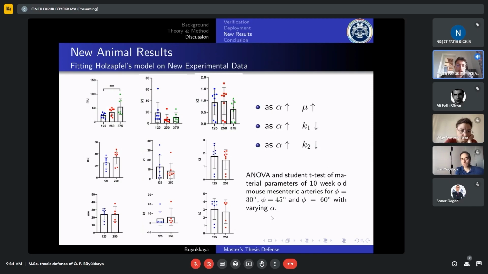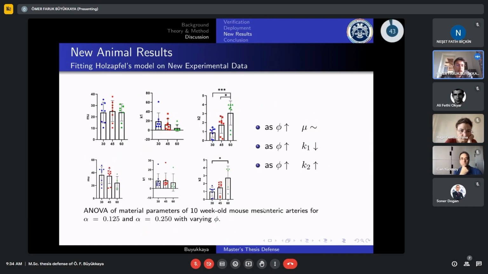It's seen that as alpha increases, meaning the amount of fibers increases within the material, both of the fiber parameters decrease, and matrix material stiffness increases. This is expected because the amount of fiber material embedded within the matrix phase increases.